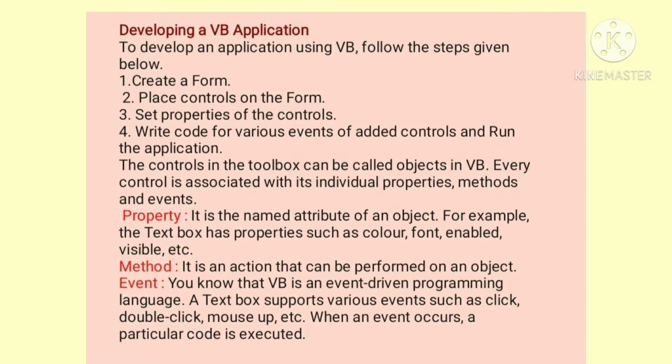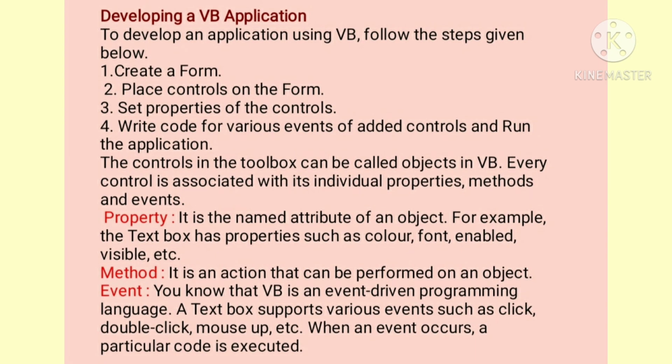We are going to learn how to develop a VB application. For this we have to follow the steps given below. First, create a form. Second, place controls on the form. Third, set properties of the controls.